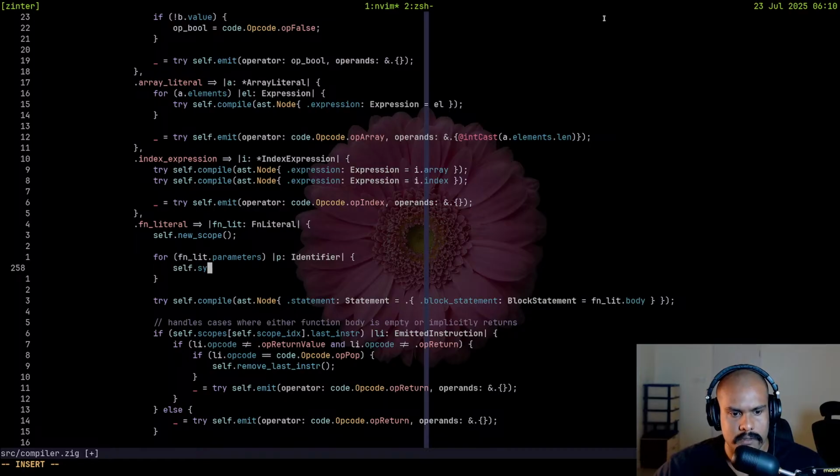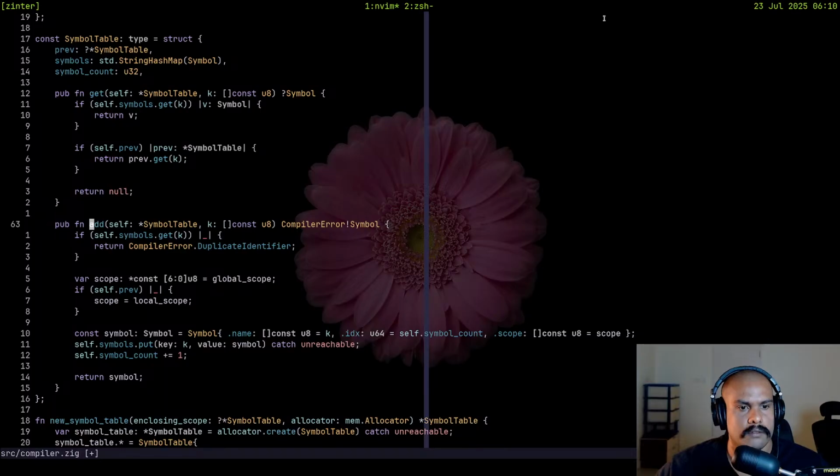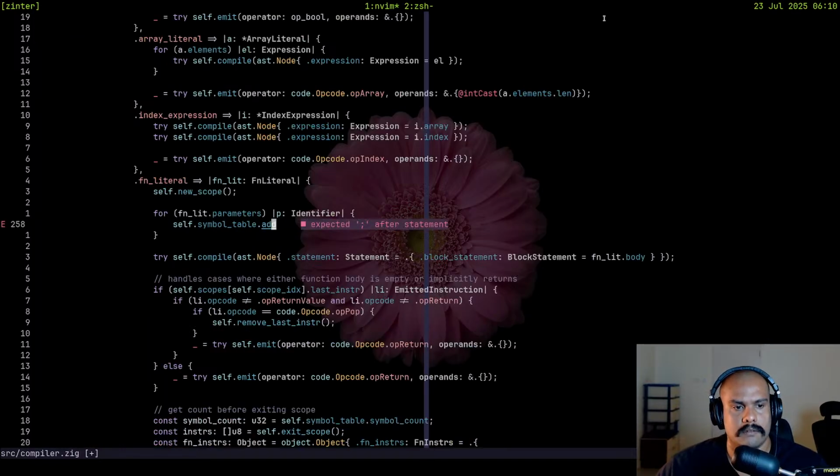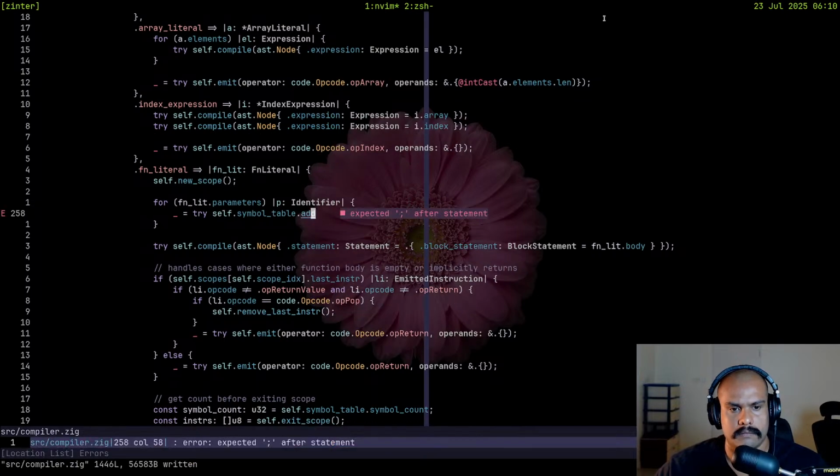Self dot symbol table dot add. Do I need the symbol? Not really. Either value.